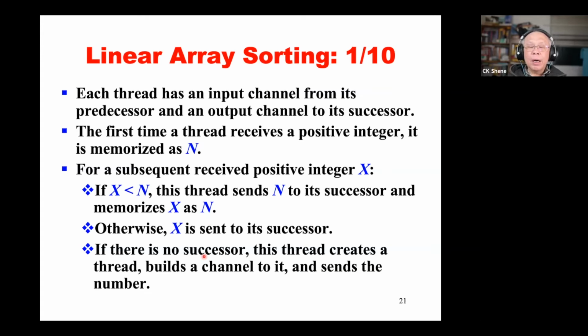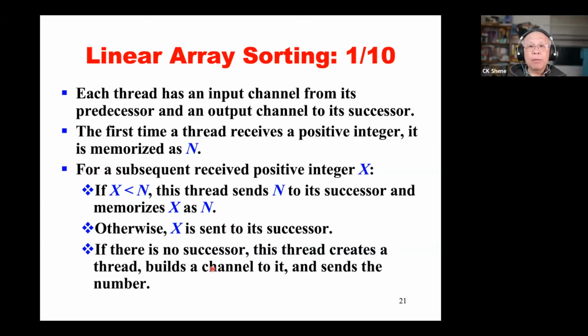There is a catch. Both steps involve sending some number to my successor. What if there's no successor? Then I build a successor and also build a channel between my thread and my successor.